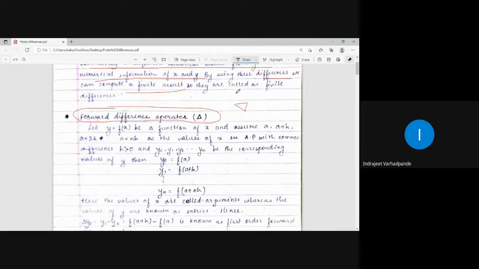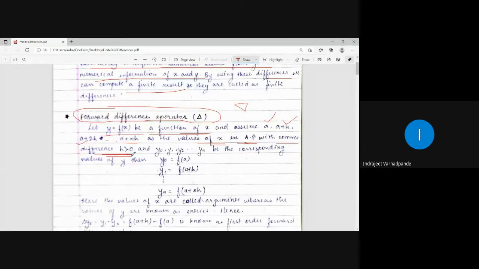Now, how do we operate the forward difference operator delta? We will be restricting ourselves to the forward difference operator, that is delta. So let y is equal to f of x be a function of x, and assume a plus h, a plus 2h up to a plus nh as the values of x in arithmetic progression with common difference h greater than 0.